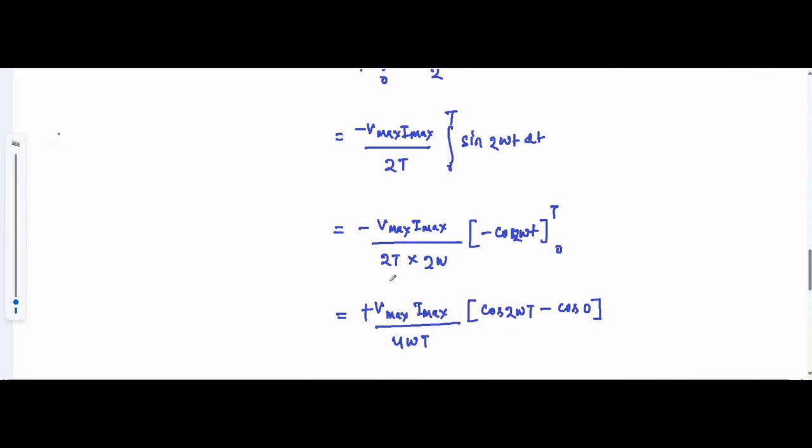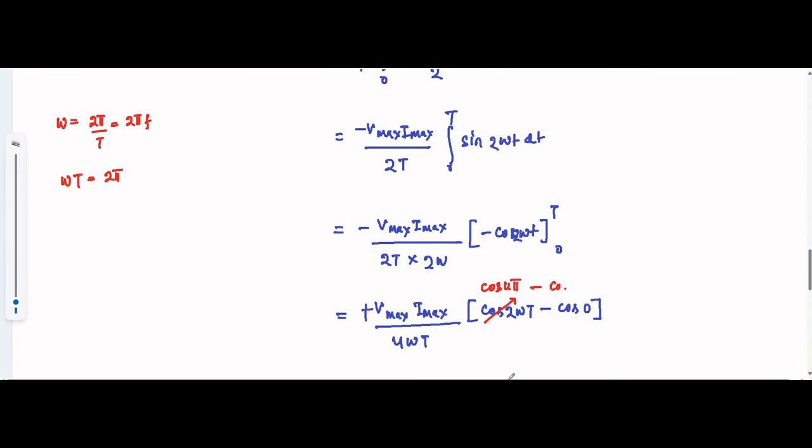Now we know that omega is equal to 2 pi by T, which is equal to 2 pi f. That implies omega T is equal to 2 pi, where capital T is the time period. So cos 2 omega T becomes cos 4 pi.